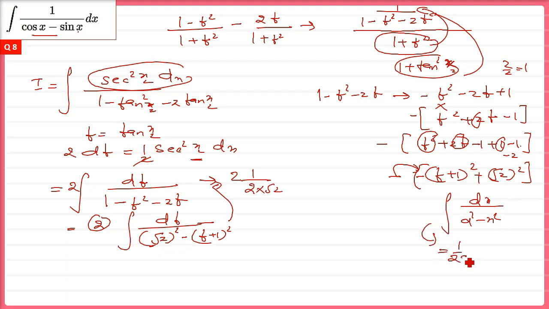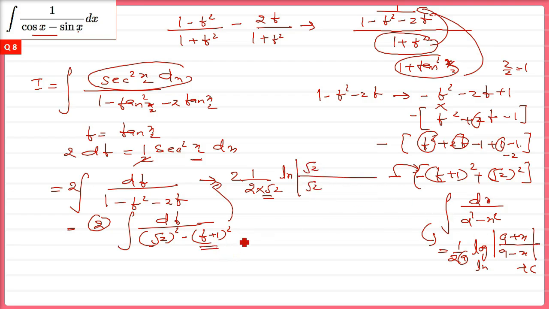1 by 2a log modulus, log is ln only because we are talking about log base e. Modulus of the numerator which will become a plus x and the denominator a minus x, plus constant of integration. Please remember this has to be kept in the modulus sign because it is inside the log. What is a here? It's root 2. The numerator has to be added, so plus.